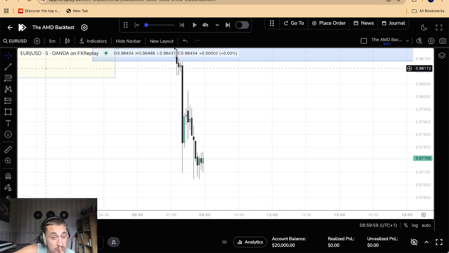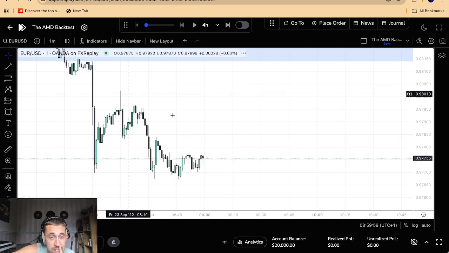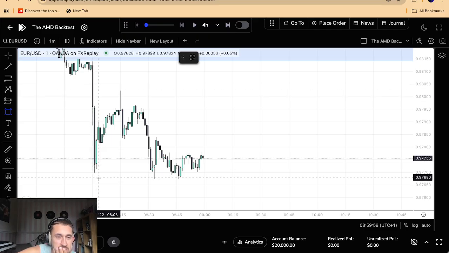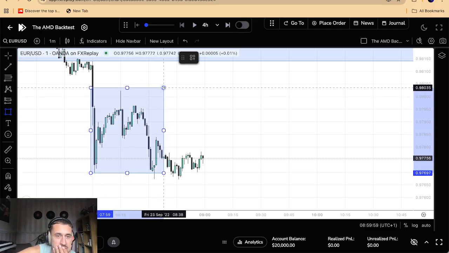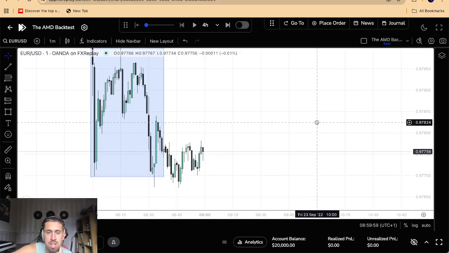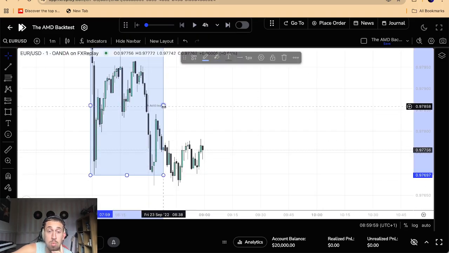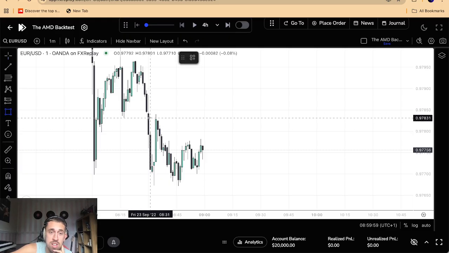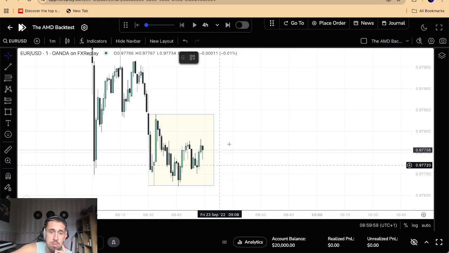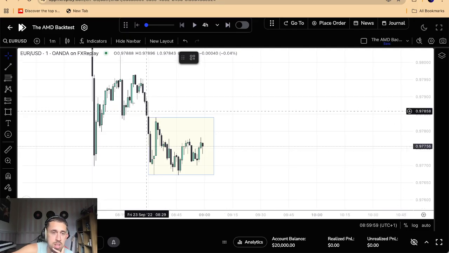Which is kind of like this, I guess. We have accumulated, no we haven't, have we? Not really. This I wouldn't class as an accumulation. I would now if this got trapped for a bit and then we manipulated below it, that would be nice.